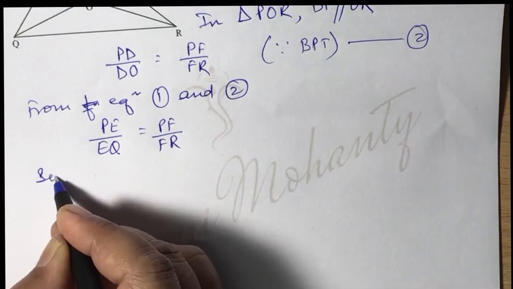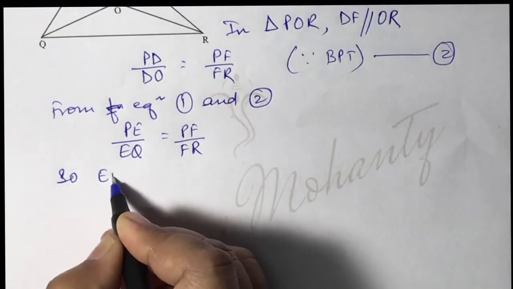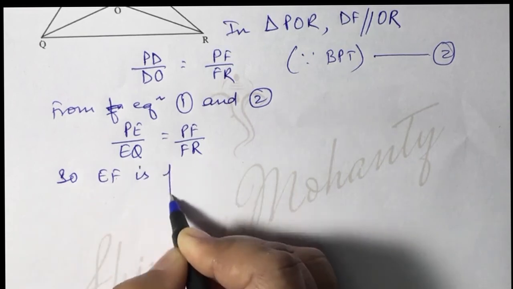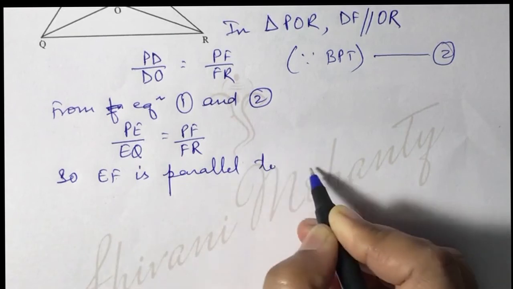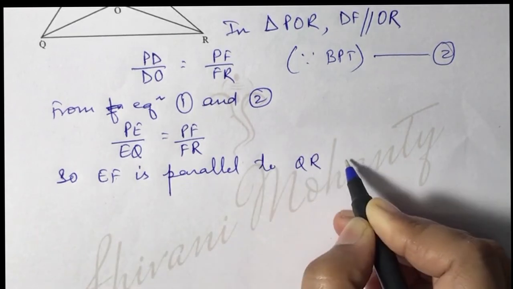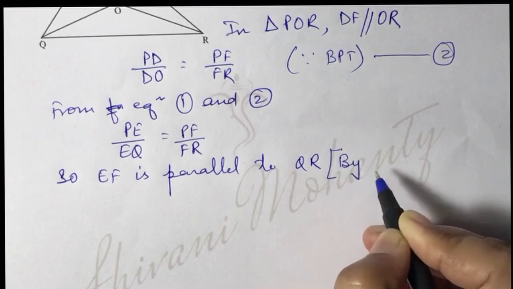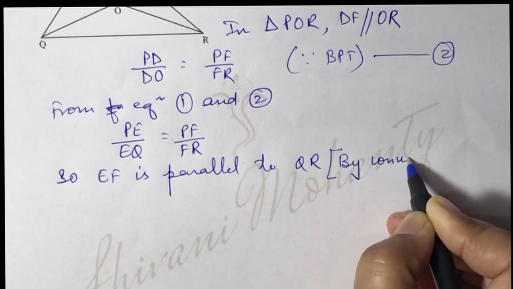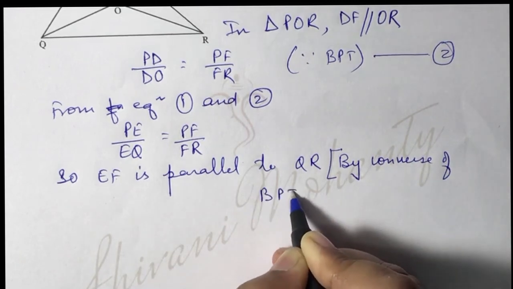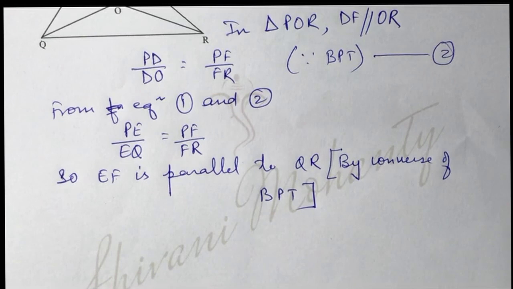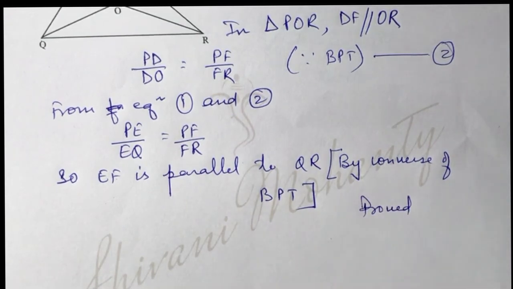So you can say that EF is parallel to QR. Why? Reason is by converse of basic proportionality theorem. This is the reason. Okay, so now it is proved.